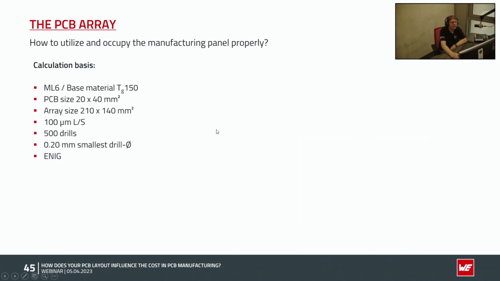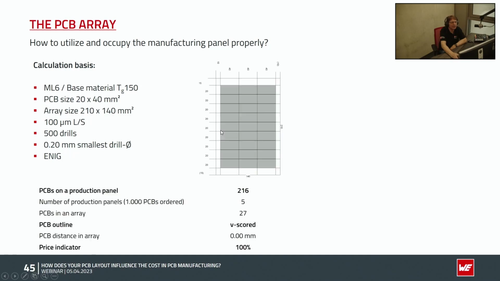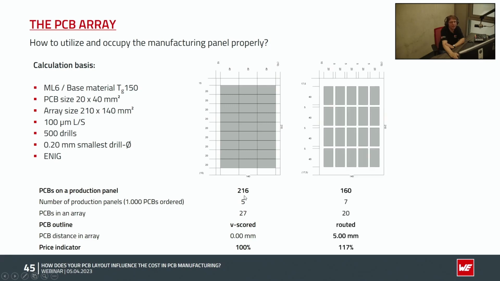So another calculation showing us the difference between the V-scoring delivery array in this case, which is, to be honest, a special but very impressive example. So it's a small PCB, 20 by 40 millimeters, and in this case we have 216 PCBs on the production panel.